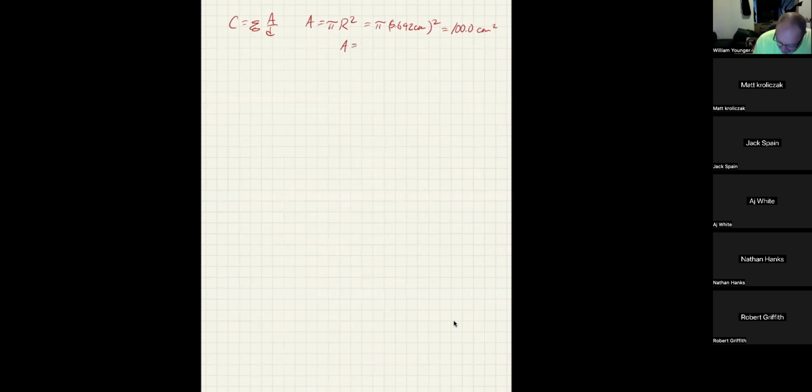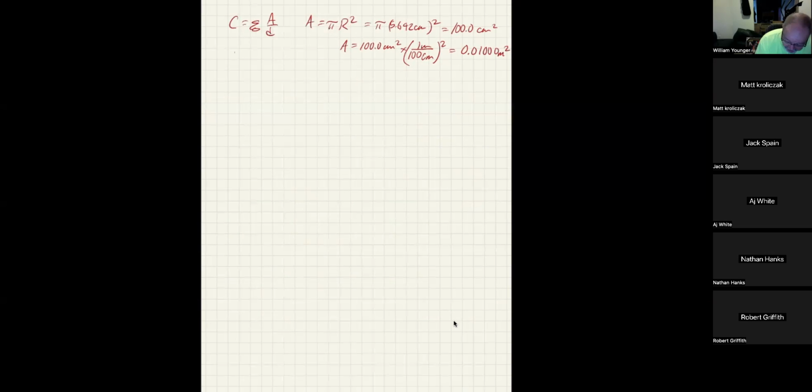So A is equal to 100.0 centimeters squared times 1 meter on top over 100 centimeters on the bottom, which is exactly equal. I've got to square that to cancel out the two of them. So that gives me 0.01000 meters squared to the proper number of sig figs.